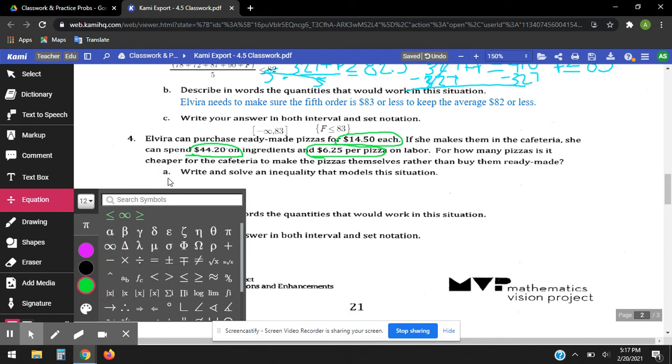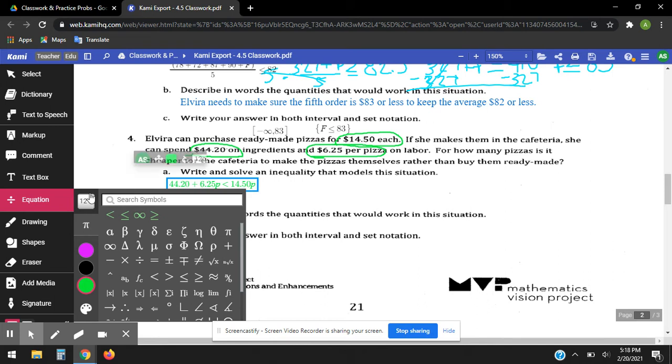So they can make 44.20 for ingredients plus 6.25 per pizza. So I'm just going to make every pizza, that's the one that's repeating per pizza. And for it to be economical for them to make it themselves, it has to be less than what it could cost for 14.50 per pizza.